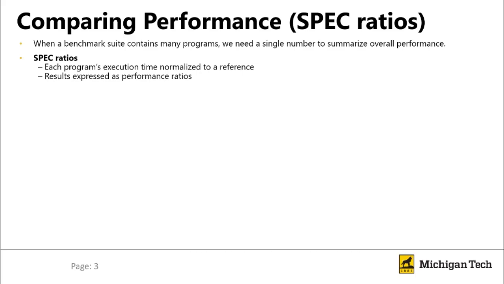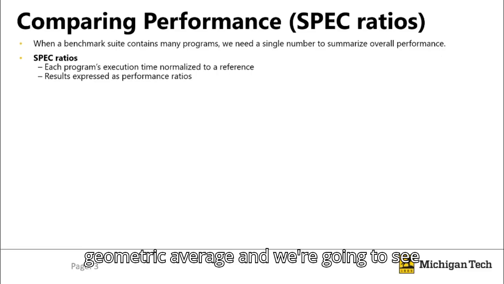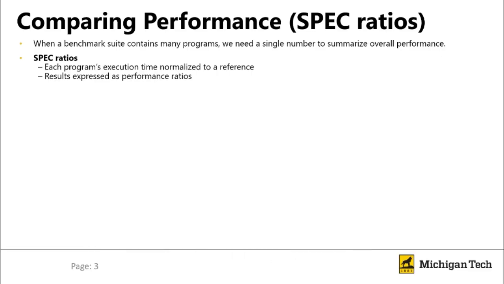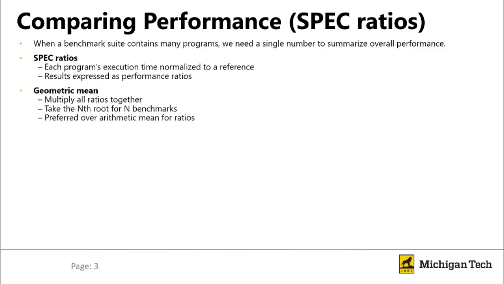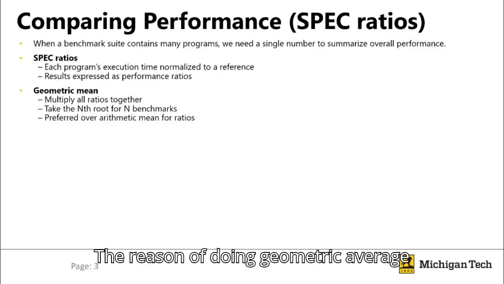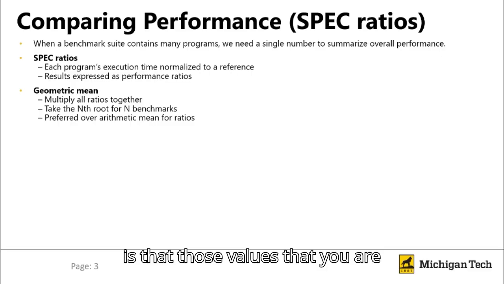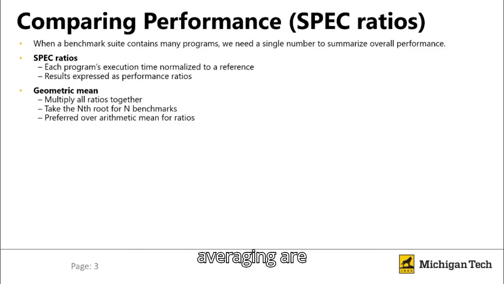We need to use the geometric average, and we're going to see why. The reason is that those values that you are averaging are not normal numbers. They are ratios.